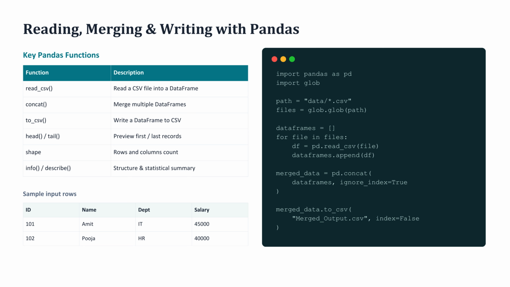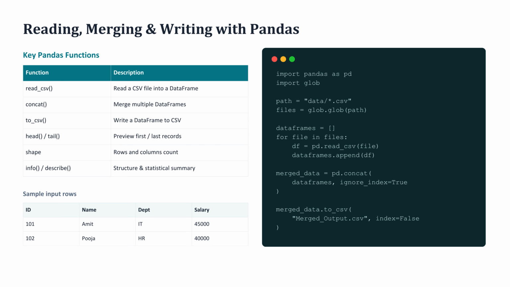Next, we loop through each of those files, read them into a data frame using the read_csv function, and append each one to a list called data frames. Then comes the important part, that is pd.concat. This takes our entire list of data frames and stacks them into one combined data frame. We set ignore_index equal to True, so the row numbers reset cleanly instead of repeating.